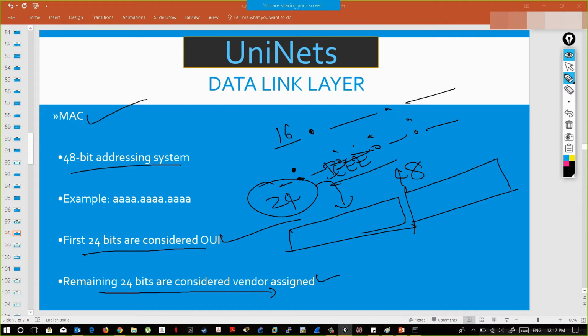For example, Toshiba will have one, Acer will have one, HP will have one, Dell will have one. So the MAC address is divided into two portions: half is the globally unique identifier, and the remaining 24 bits are the vendor identifier.